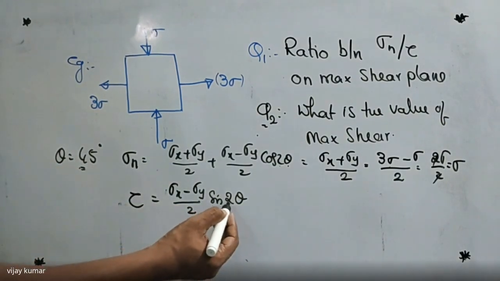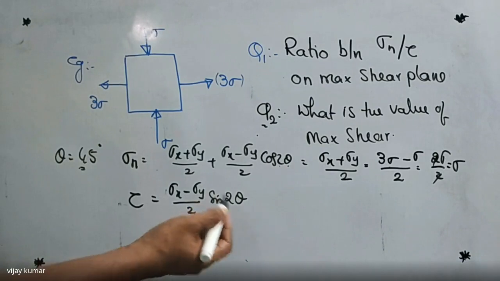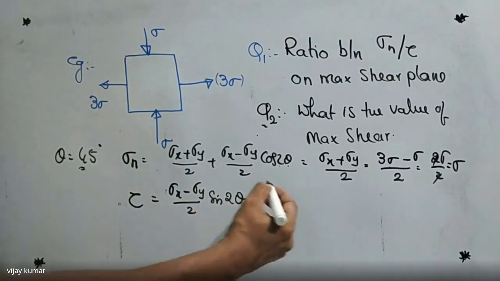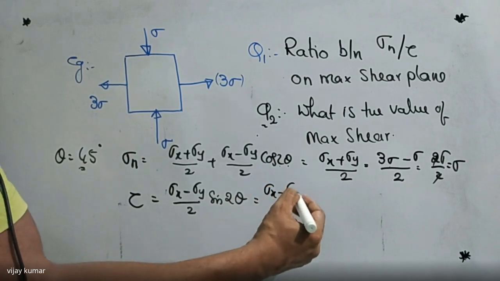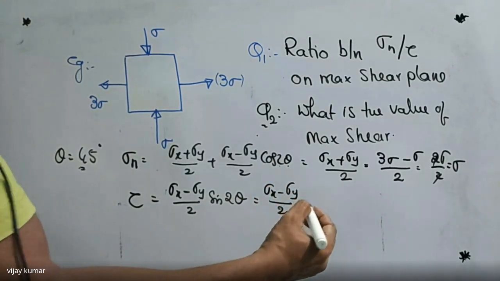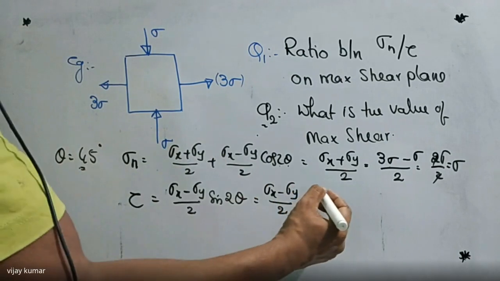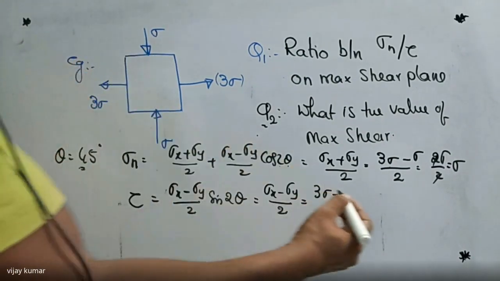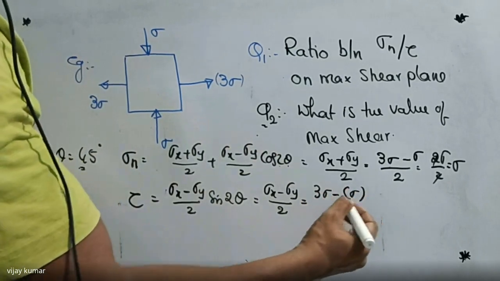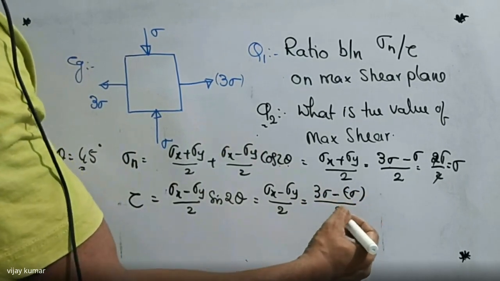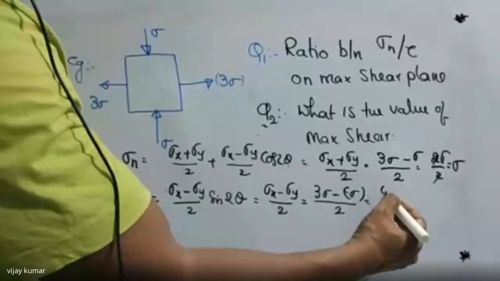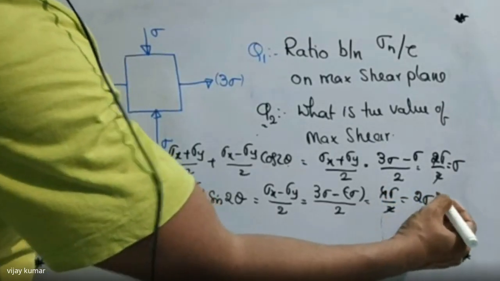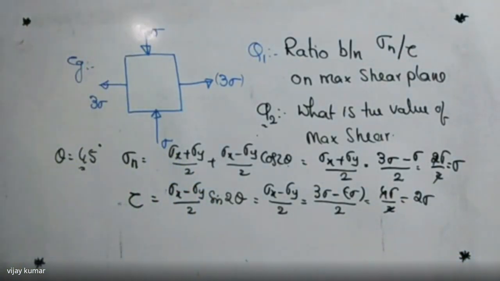Sine 2 into 45 is sine 90. Sine 90 is equal to how much? 1. Then (sigma x minus sigma y)/2, where sigma x is 3 sigma and sigma y is minus sigma, divided by 2. Minus into minus is positive, so we get 4 sigma by 2. Then we get 2 sigma as the value of shear stress.